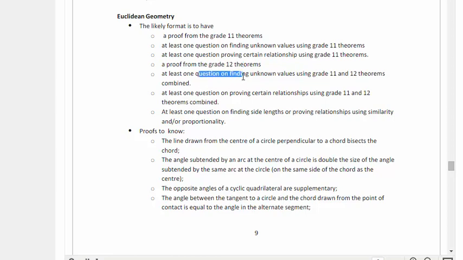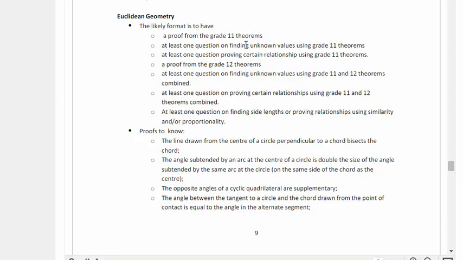At least one question where you have to find unknown values. If I say values, it means values like 2, 3. So you probably have to find a side length using your grade 12 theorems. Grade 12 theorems have to do with similarity, and similarity has to do with side lengths, while the grade 11 theorems have to do with angles.